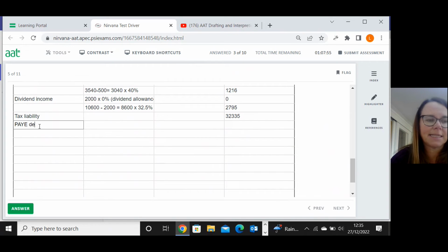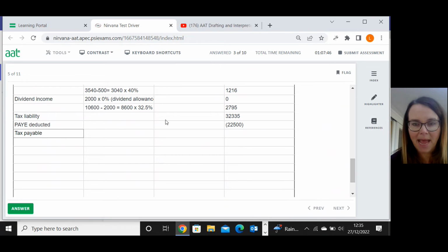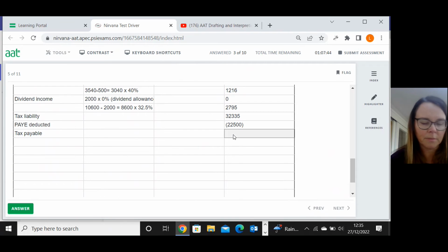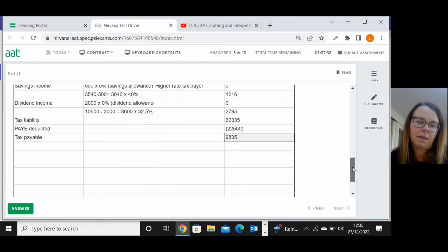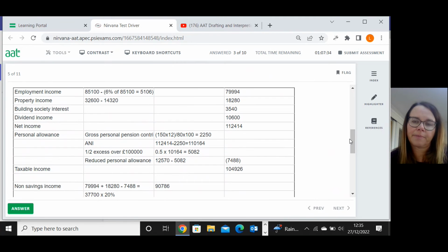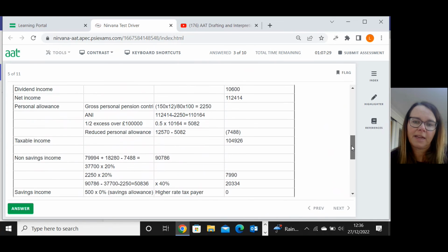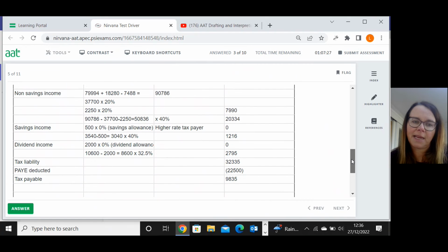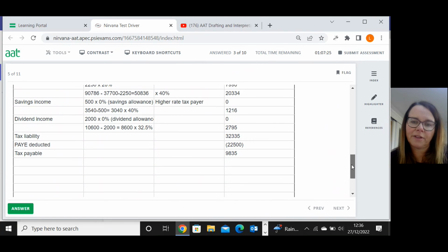So PAYE deducted 22,500, leaving us with tax payable of 9,835. Okay, so that's what my answer would look like. Hopefully gaining all the marks, making it clear to the examiner what I've done.